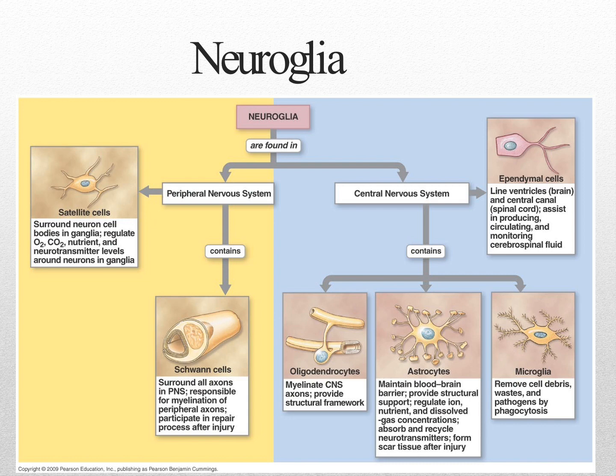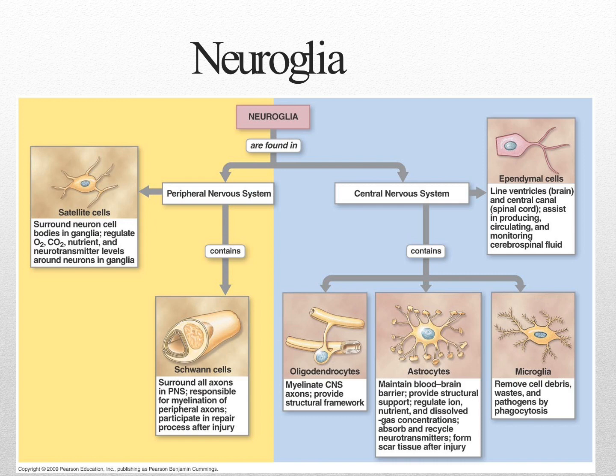What is a ganglia? Ganglia is a term we use only with respect to the peripheral nervous system, and it is a term used for cell bodies in the peripheral nervous system. It's like an oval bump on a sensory neuron. You'll see it, and it includes cell bodies.